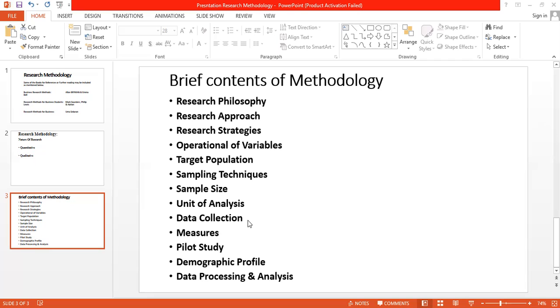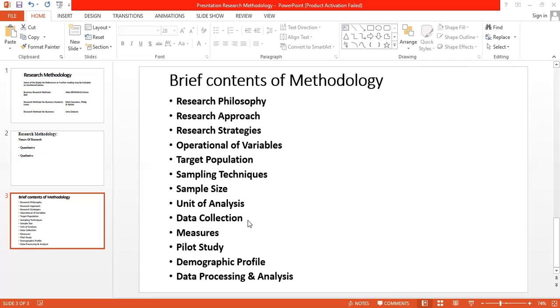Demographic profiles are as the name shows. You may also discuss them in the methodology, or sometimes in the analysis. In a research paper, you will describe it in the methodology. In a thesis, you will discuss it in the analysis.